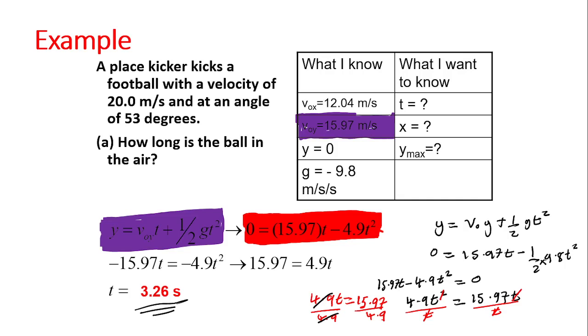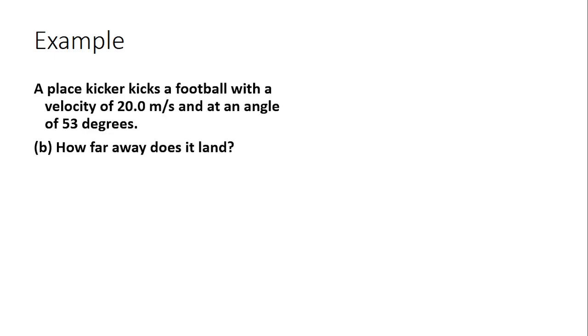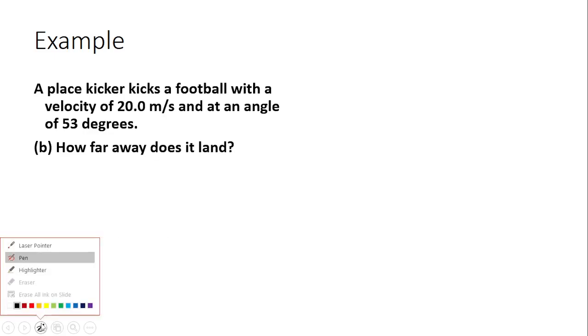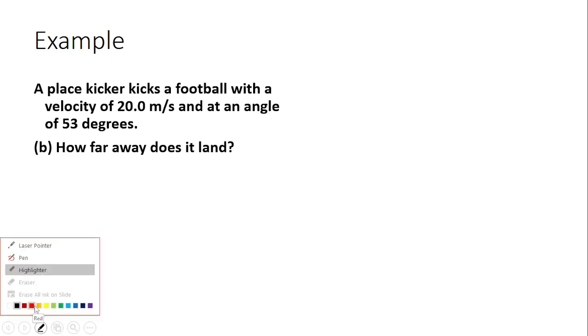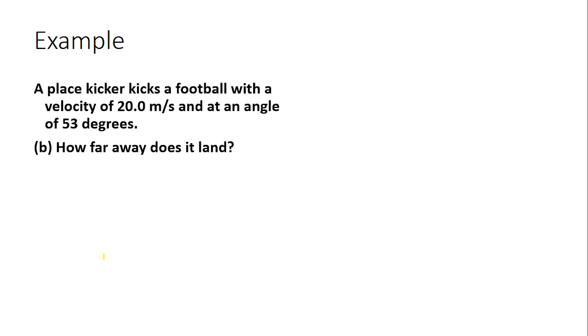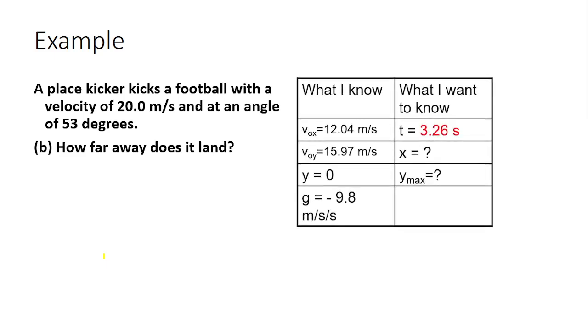Okay, it's like we don't have any. The next part of the question is, how far away does it land? So remember that now we have the time, which has now appeared there.